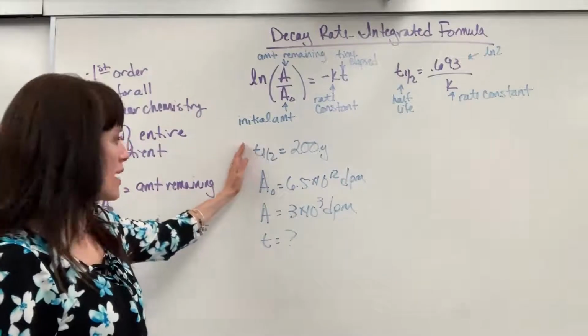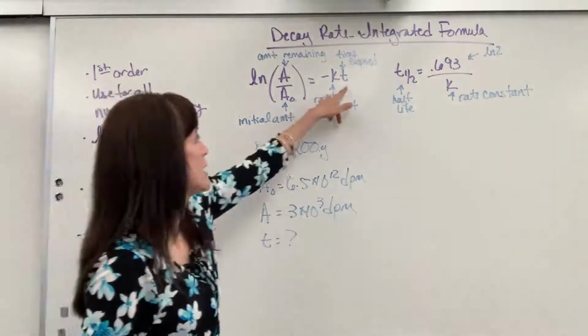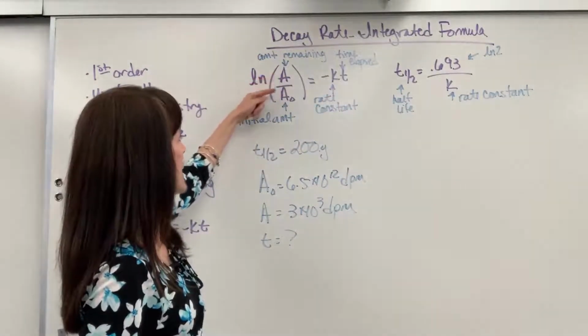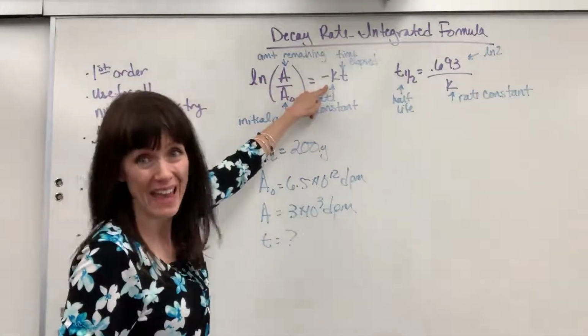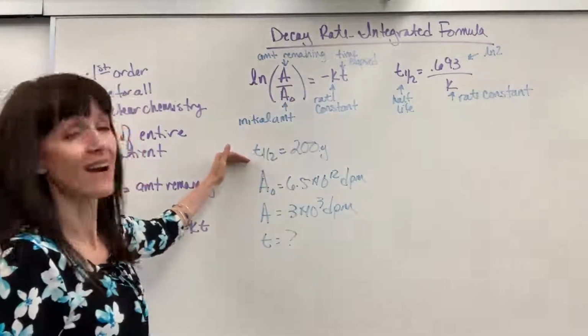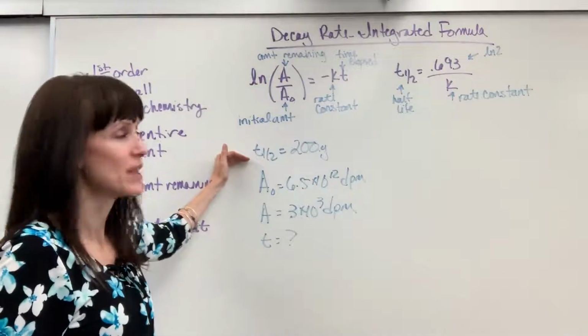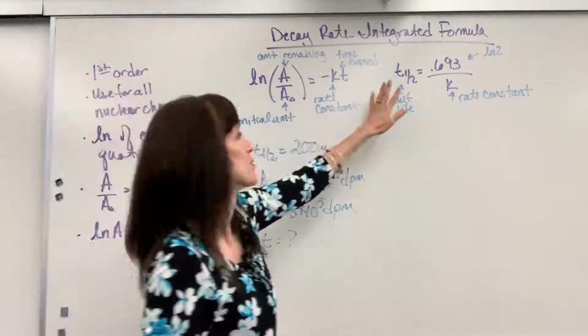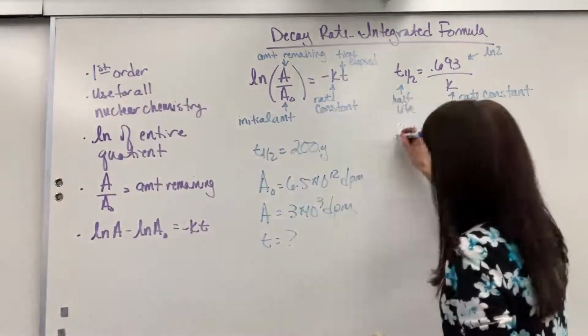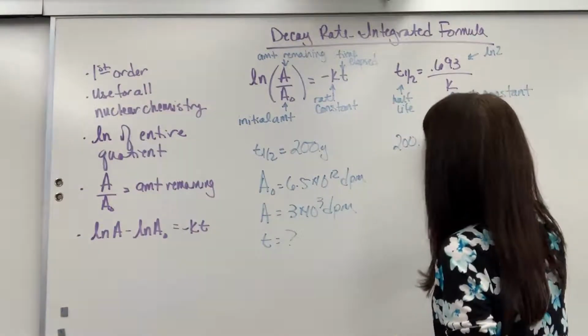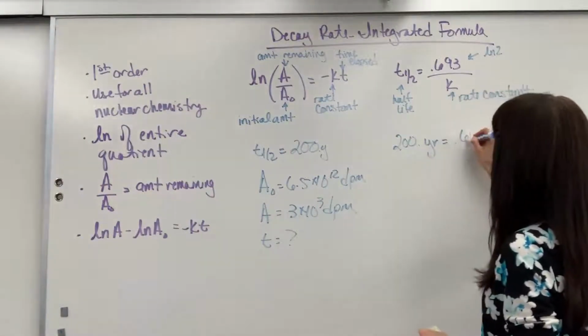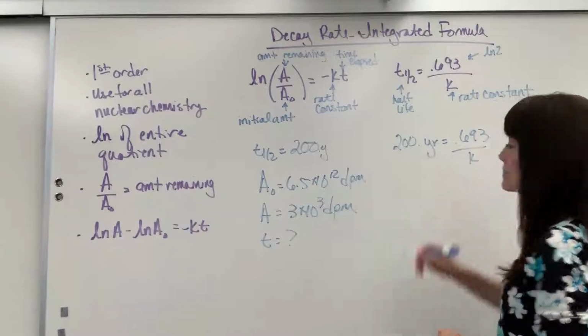So they gave us half-life. Now, to find time elapsed, I've got amount remaining, I have amount initial, I don't have k. We're going to have to use our half-life to find k. So let's go ahead and plug into this formula right here. Our half-life, 200 years, equals 0.693 over k.